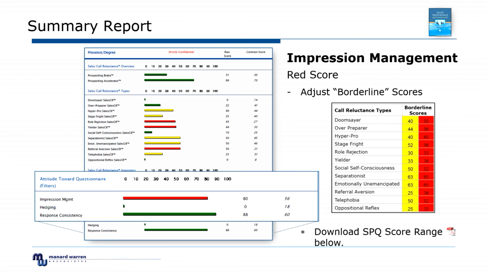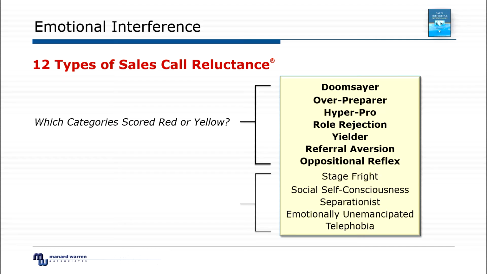Then once you've done that, let's look at the categories where you scored in the red. I'd go back to the big 7 and little 5 diagram and ask myself, did I score in the red zone for any of these most important 7 types of call reluctance?